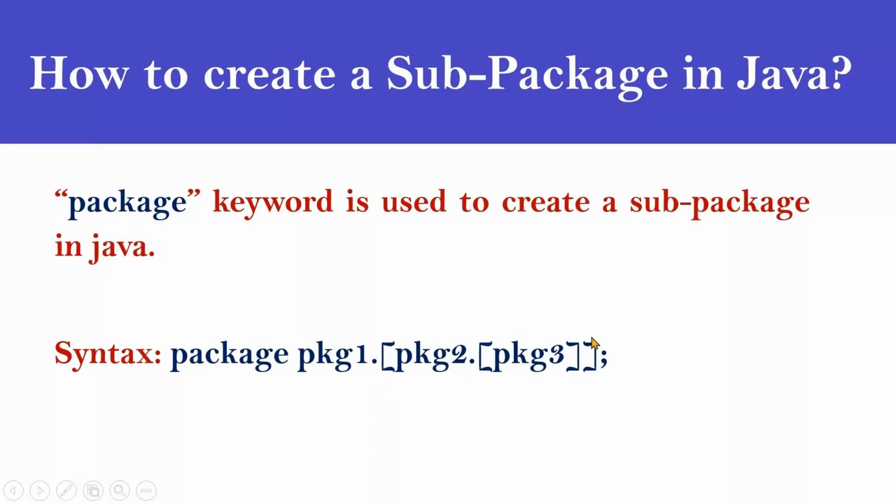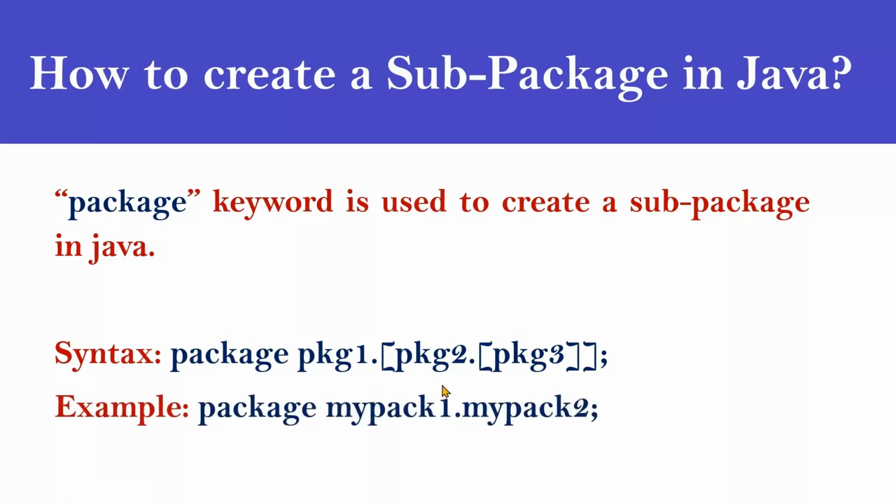This one is also optional. If it is required, you can use it. If it is not required, then you can work only with the main package. For example, I'm writing package mypack1, which is the main package, and mypack2 is a subpackage under that. Here also you can put some classes and interfaces. Then this also should be terminated with a semicolon.